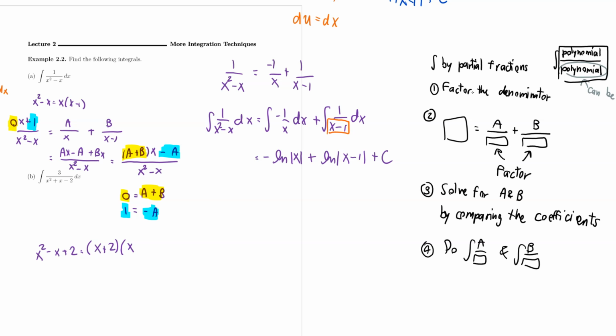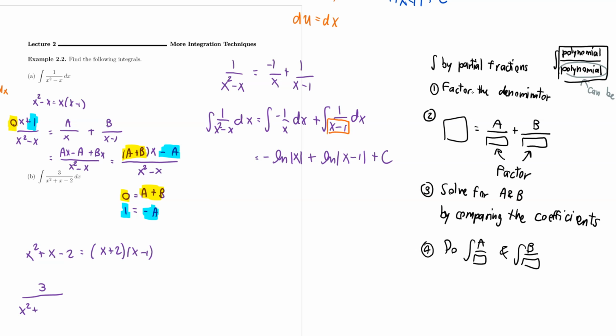Wait a minute, I flipped the sign here, so let me rewrite. This should be x squared plus x minus 2, and this is going to be x plus 2 and x minus 1.